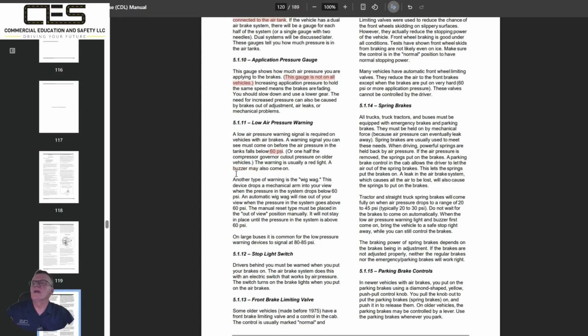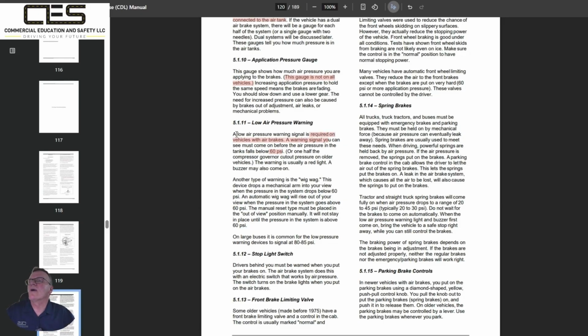Okay, that's an audible warning. So the audible warning for losing air pressure is not mandatory, right? It may come on. The manufacturers are putting extras in there. It's a good thing to have because you can hear it too. But what we're saying is the audible is not mandatory, correct? But a low air warning is required. All right.